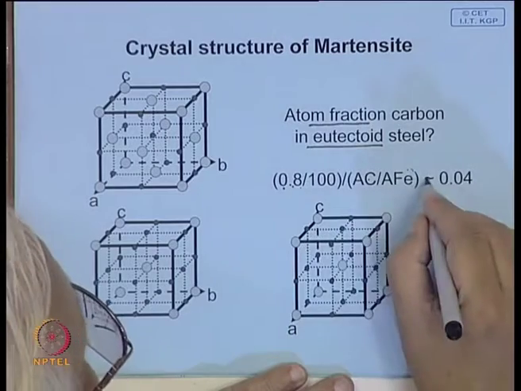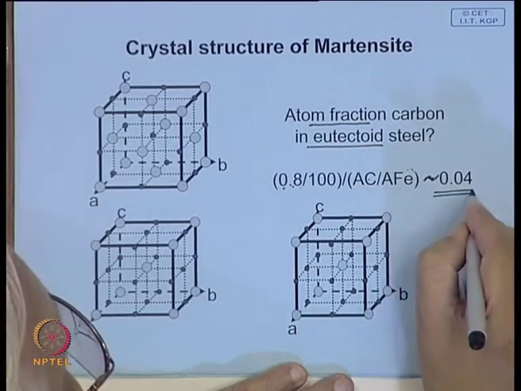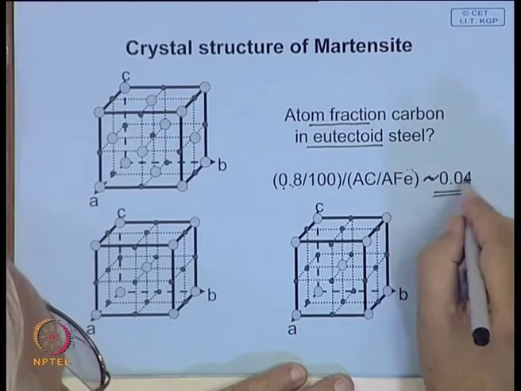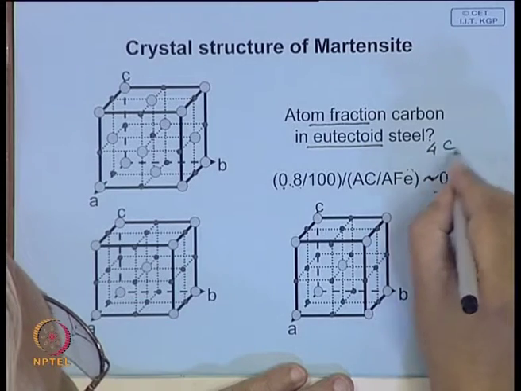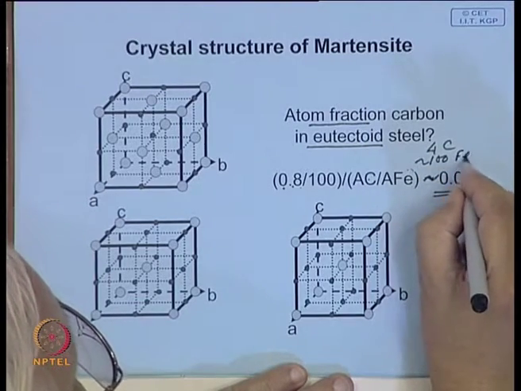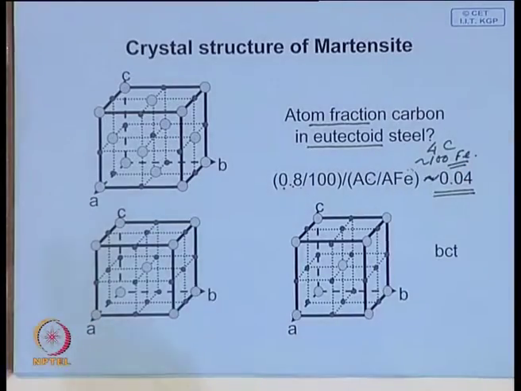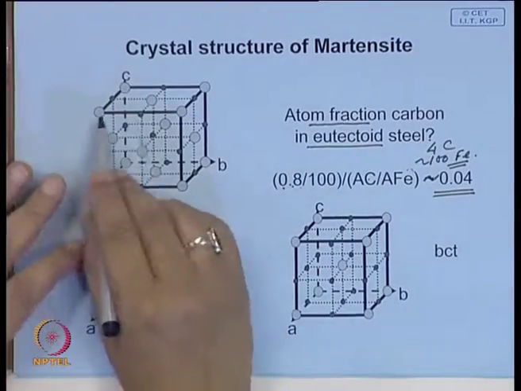If you do that, you will find that even in eutectoid steel you have roughly 4 carbon atoms within 100 iron atoms. So, the ratio is 4 to 100, even within that unit cell.